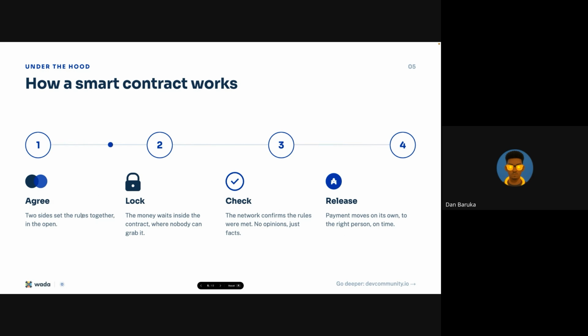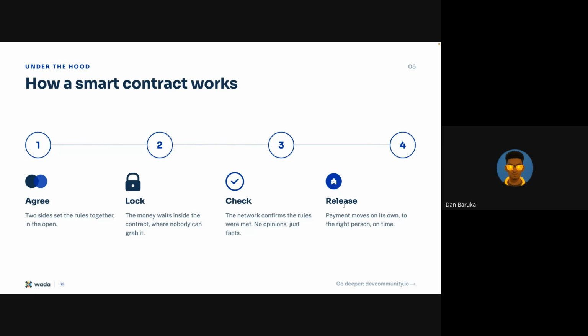Even if it's complex, it follows the same rules, the same steps as here. So first we have an agreement, we lock the asset, we have the verification, and we release.